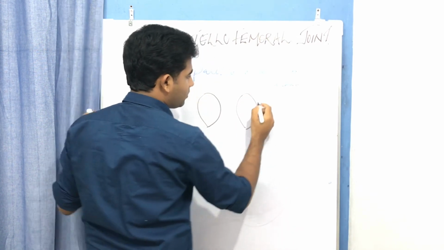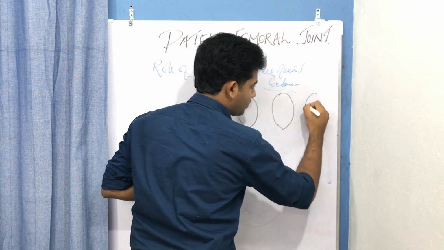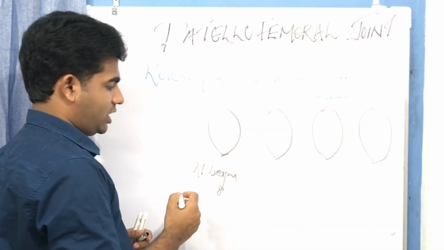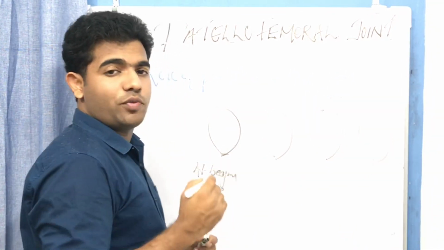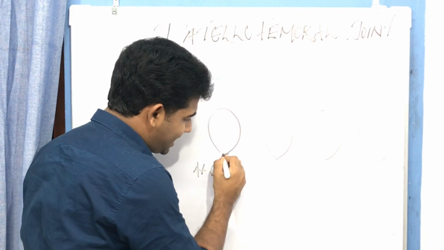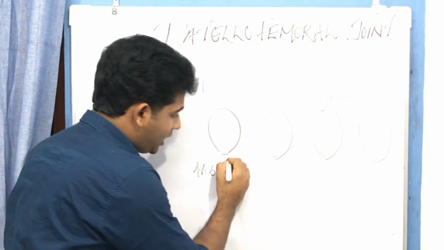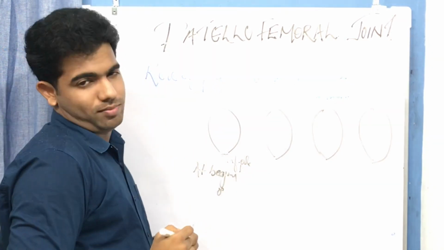Yes, 1, 2, 3, and 4. Okay. At the beginning of knee extension, in the initial degrees of extension, only the inferior margin, or the inferior pole, of the patella is in contact with the femur.